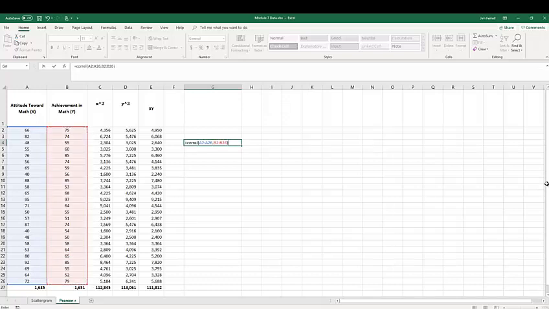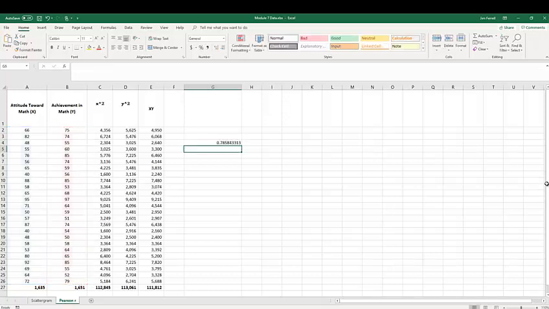Close parentheses. And it tells us there our correlation coefficient. If we were to round this to hundredths, it would be 0.79. And that was the same thing we figured out mathematically. So we know that this formula works in Excel just fine.